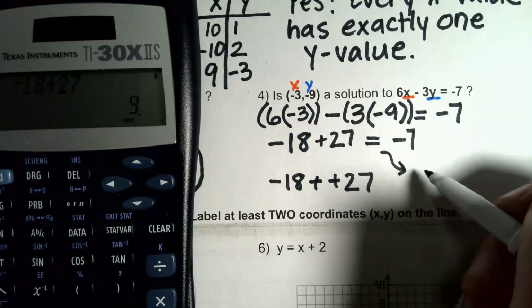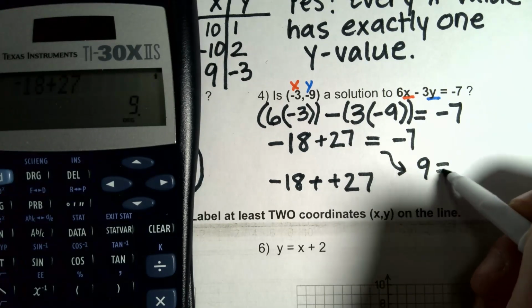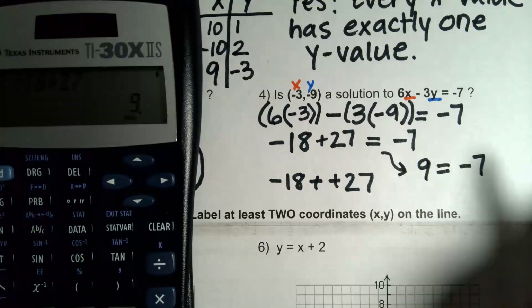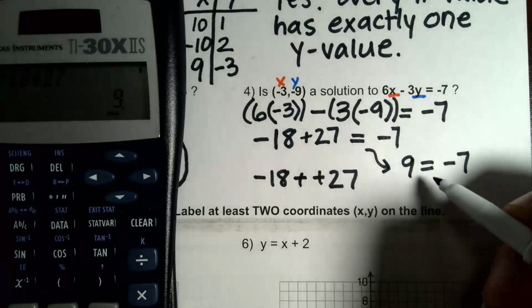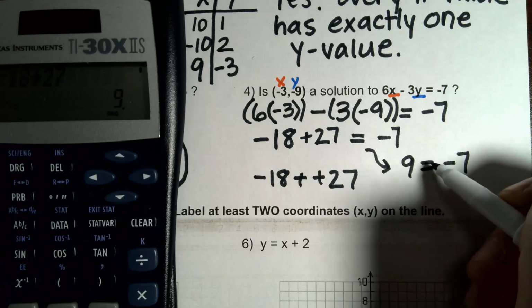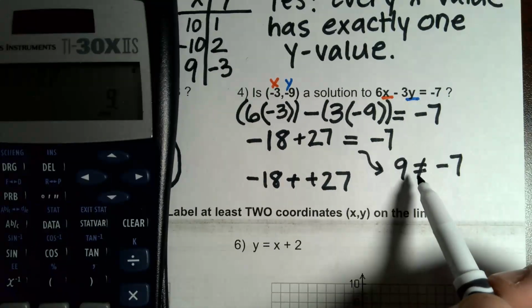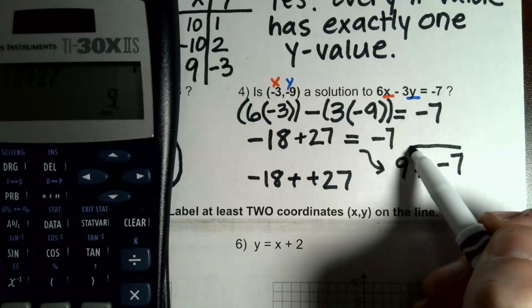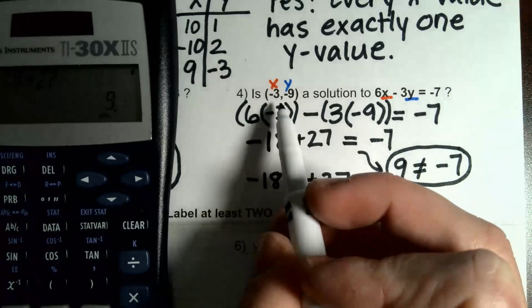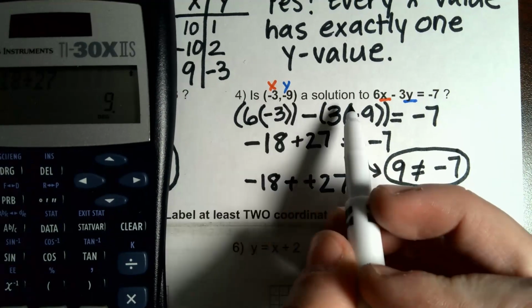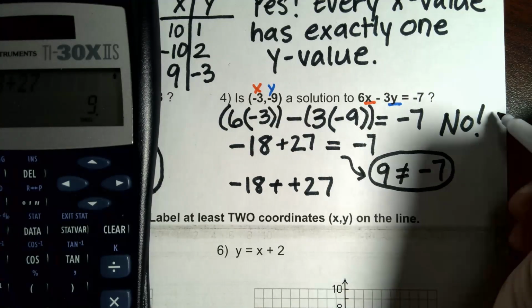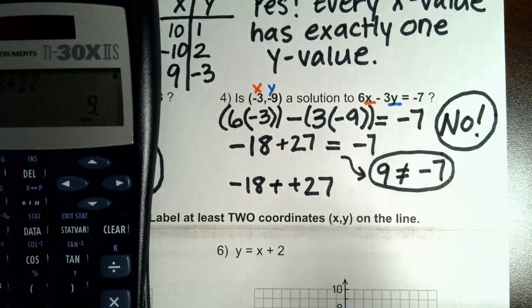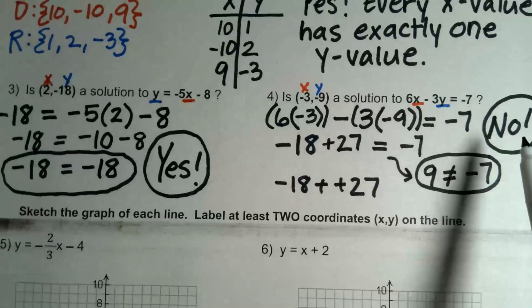But you need to have at least this statement written out: 9 equals negative 7. Is that true? No. So we don't want to leave this as an equal sign. Put a slash through it. 9 is not equal to negative 7. So is this coordinate a solution? No. So the two things I'm looking for in your answer is the yes or the no.